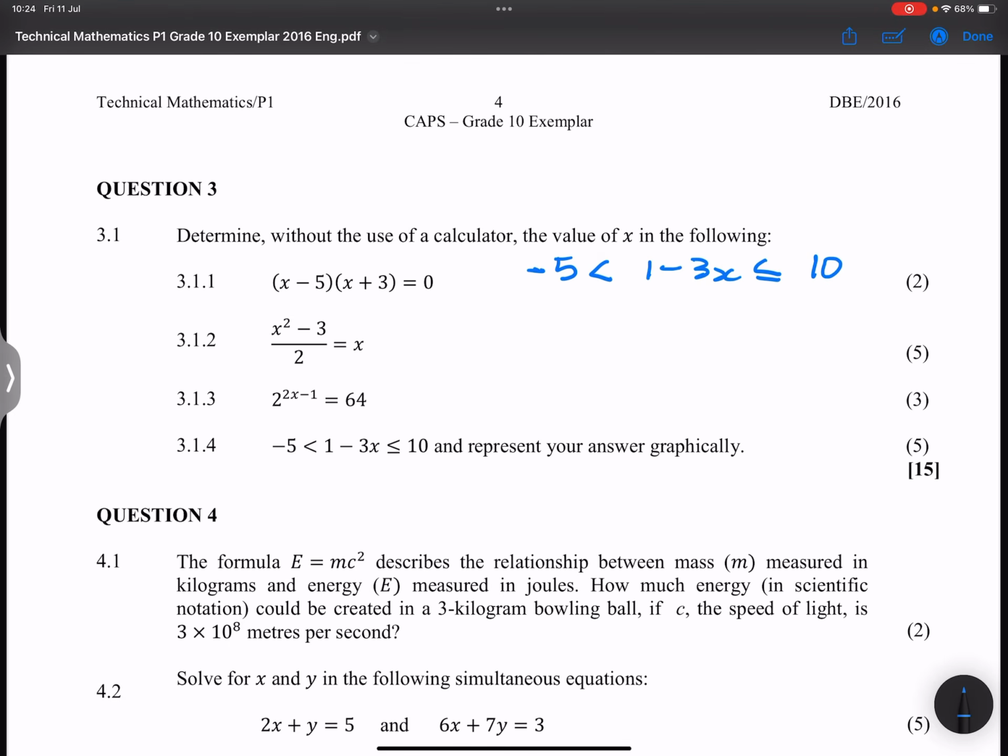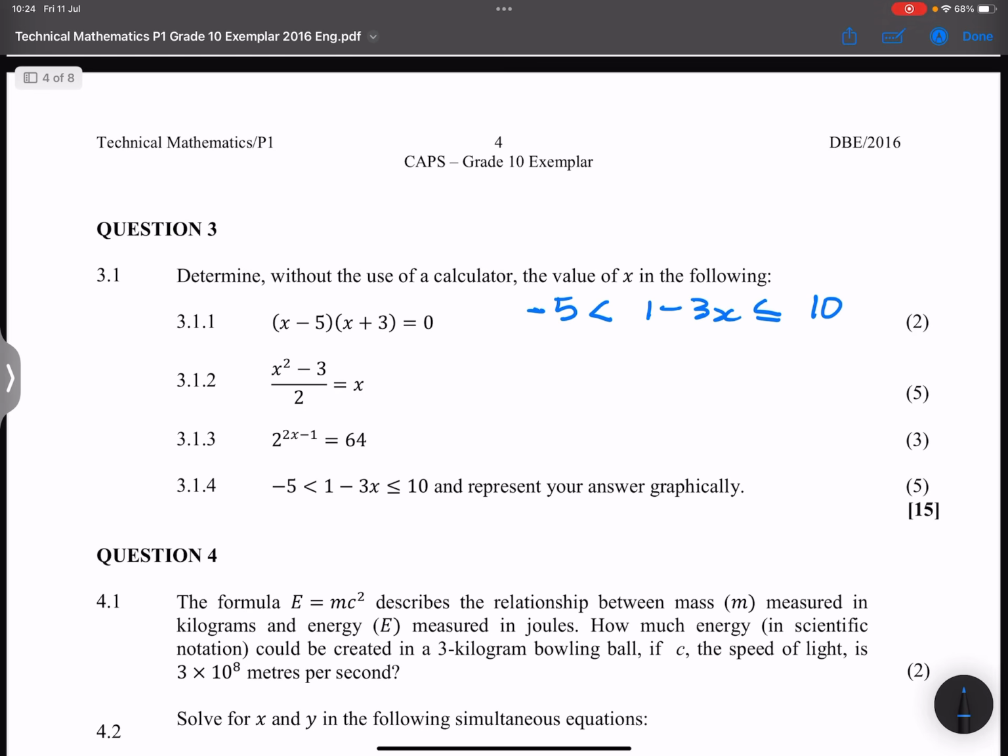All right, so firstly, let's get rid of that 1. If I take it to the other side, it becomes minus 1 on all sides. So we're left with negative 3x greater than negative 6, less than or equal to 9.